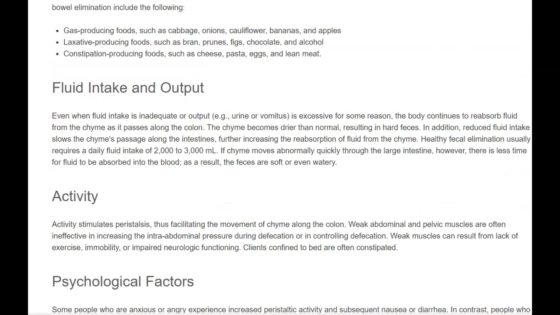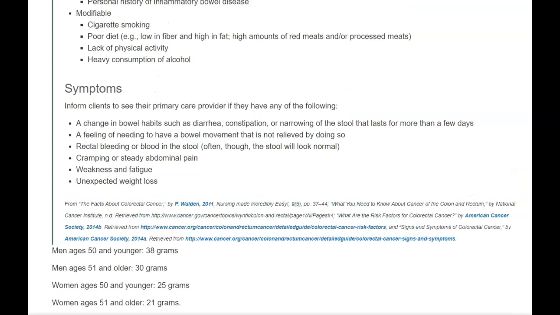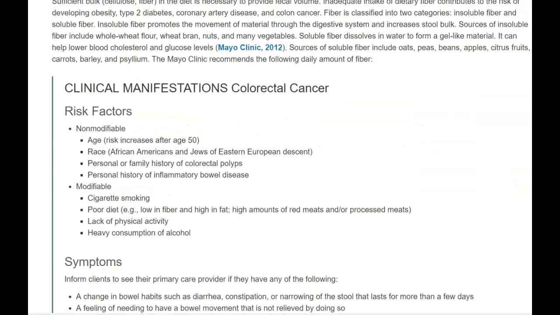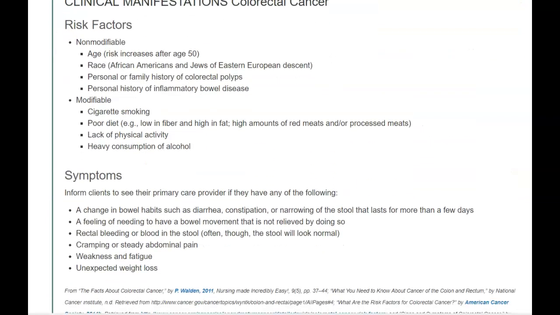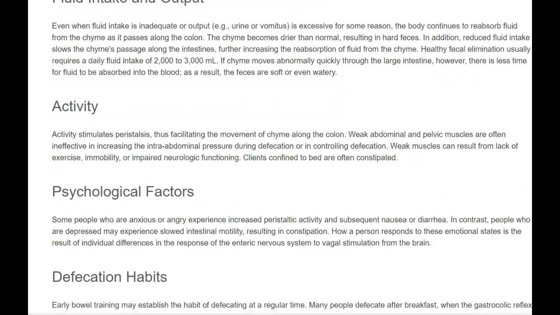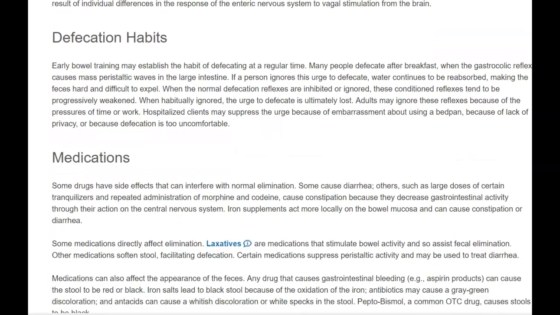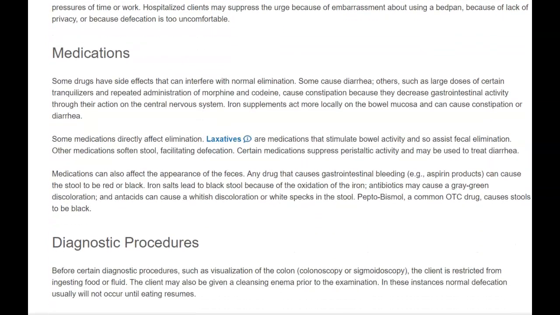I'm going to scroll down so you can see, here we go, clinical manifestations, and then after that you have fluid intake, output, activities, psychological factors, defecation habits, and then some medications.